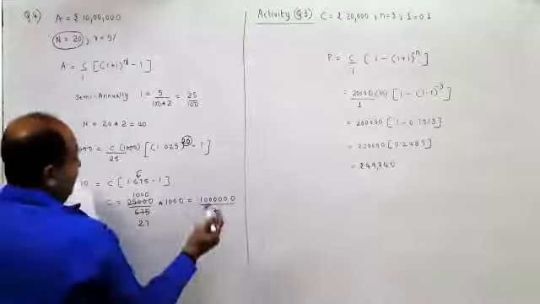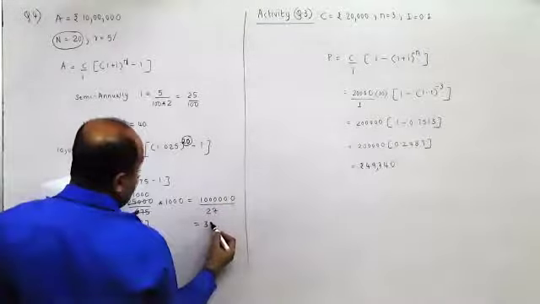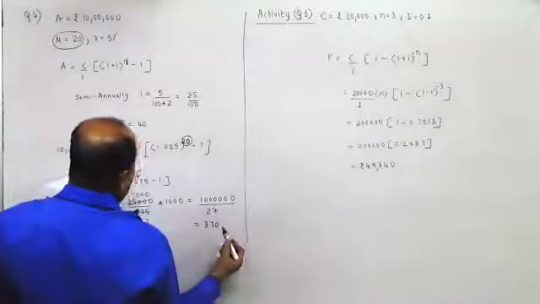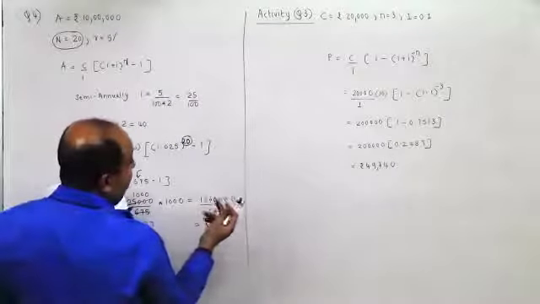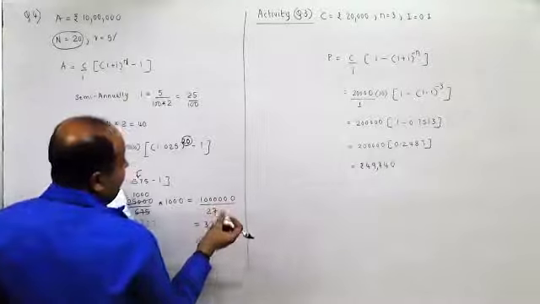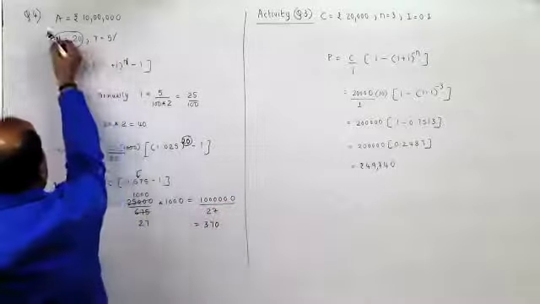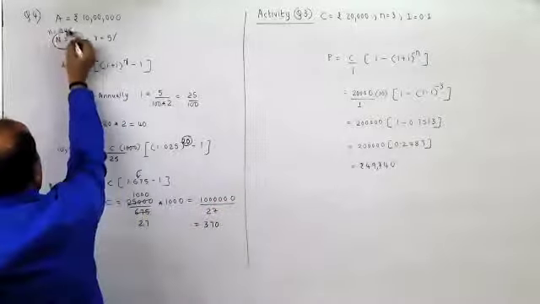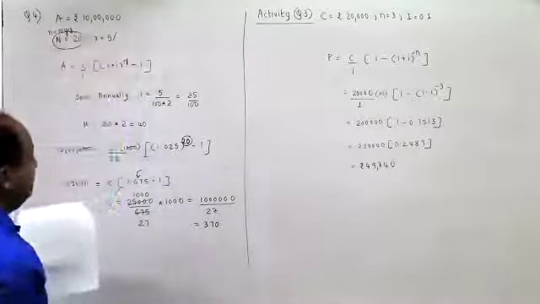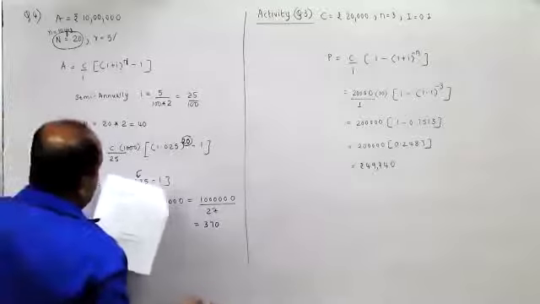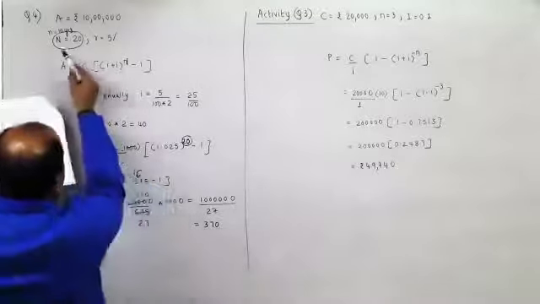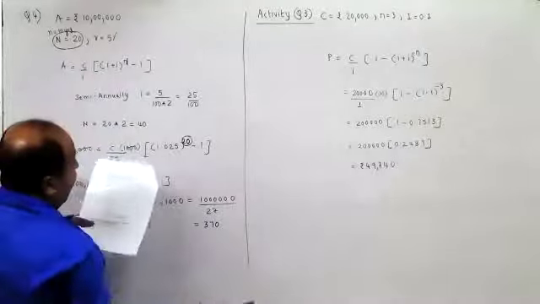It should be, so it is biannually. So why have we not taken into 2? They have given capital N. Followed? Yes. So it is N. Small n is 10 years, it means. Followed? That means in the question they have given wrong. No, they have denoted it by a different alphabet.